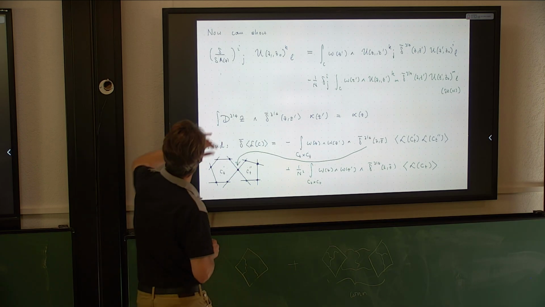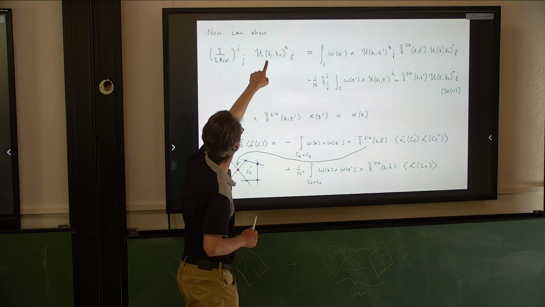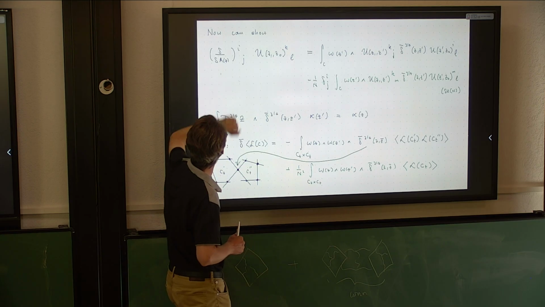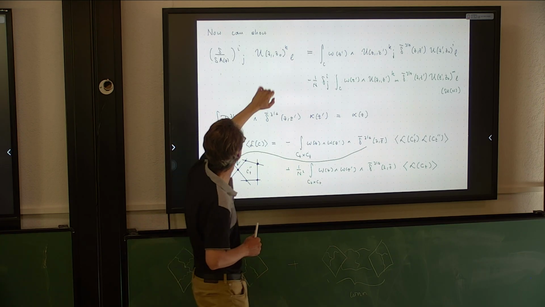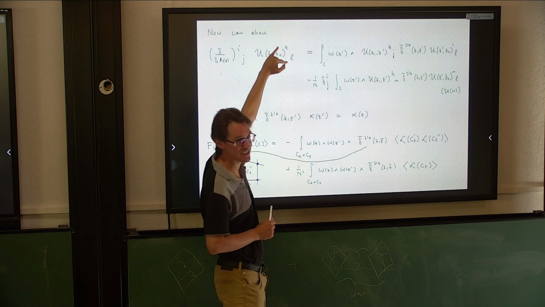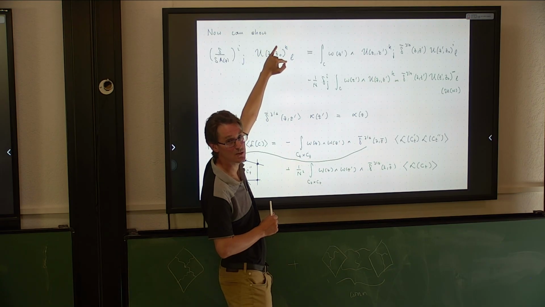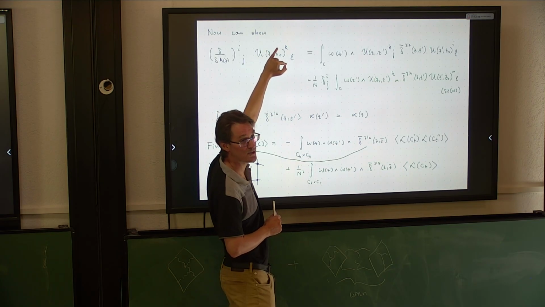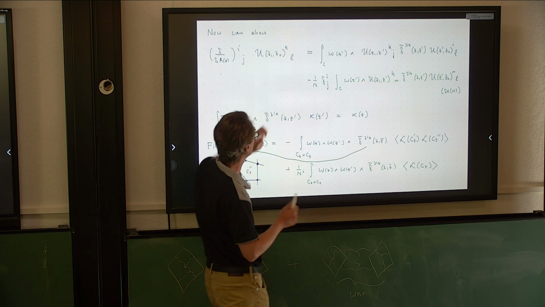Okay, now you can show that if you take one of these components and you take the variation with respect to that component, so this thing, of course, I'm writing out the matrix indices now, right? Some fundamental U(N) or SU(N) representation object that carries some matrix indices.